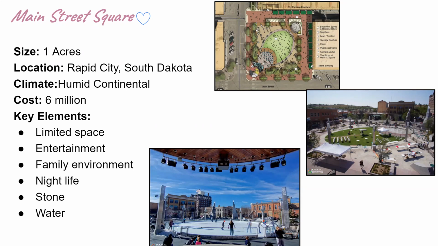I know nobody really goes to South Dakota, and if you do, it's because of family. I was just saying that it's really cool how they made this little space something very entertaining and family-oriented, very welcoming to the city of Rapid City.